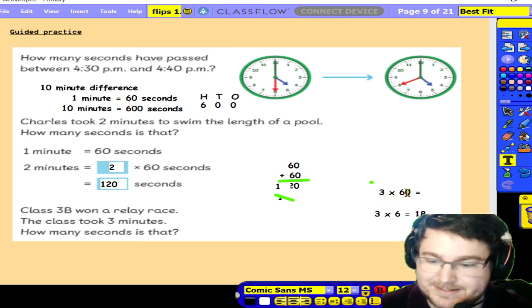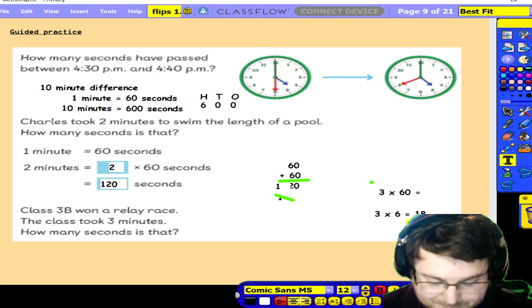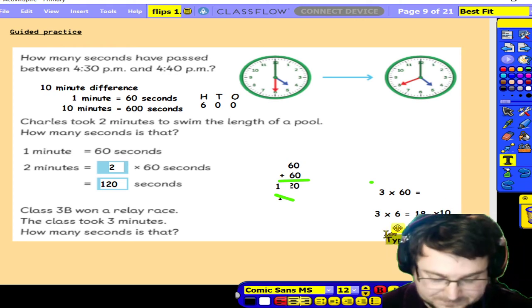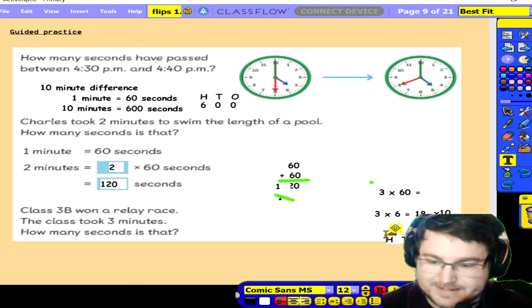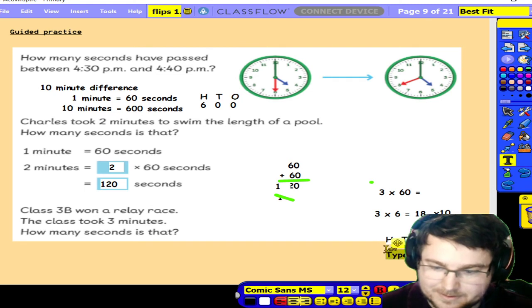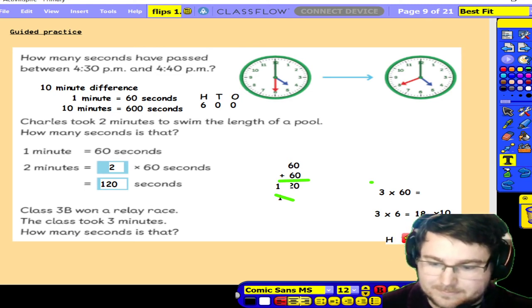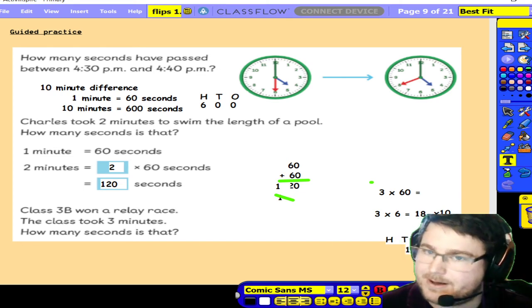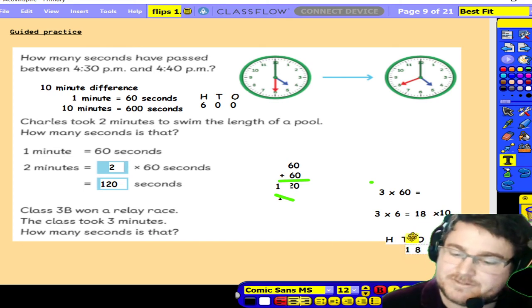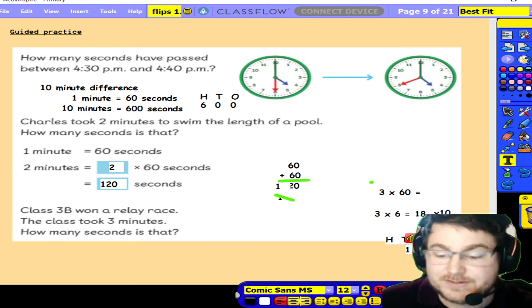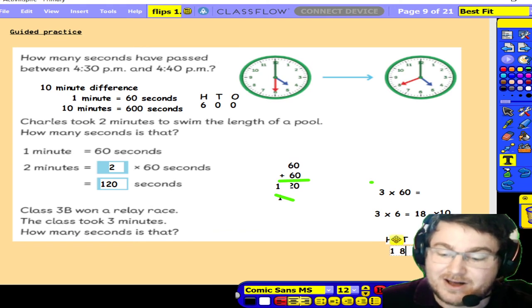But look, 60 is 10 times 6. So we need to do 18 times 10. Let's get our hundreds, tens, and ones out. 18. And remember, we are timesing this by 10, and what we do with our place value columns, we just move our digits up, so the tens become hundreds and our ones become tens.